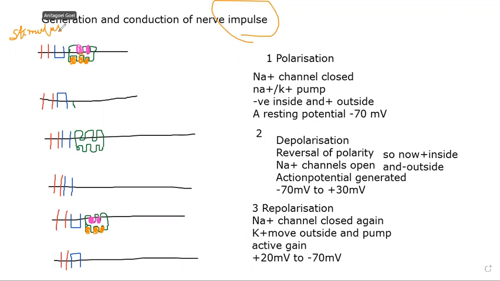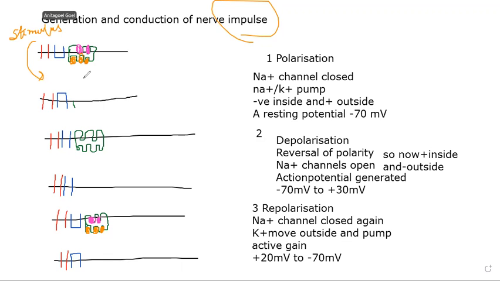And this stimulus is transmitted into the nerve fiber in the form of a weak current, or we say action potential. This is known as nerve impulse.